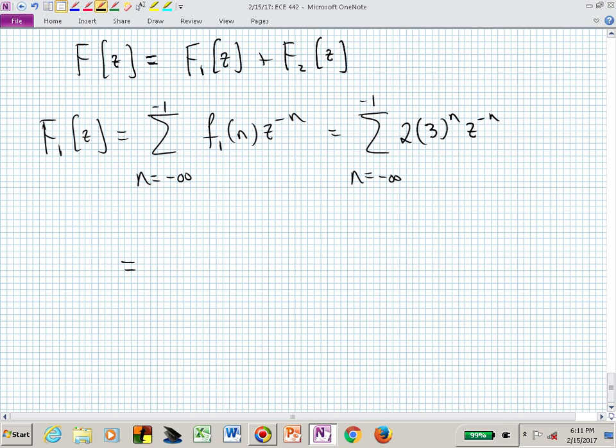The 2 doesn't have an n associated with it. We're not raising that to an nth power. Let's just get that out from underneath our summation. We have 2 times the sum from n equal minus infinity up to minus 1. And we could write this as 3 over z, where z to the minus 1 is going to put z downstairs to the n.